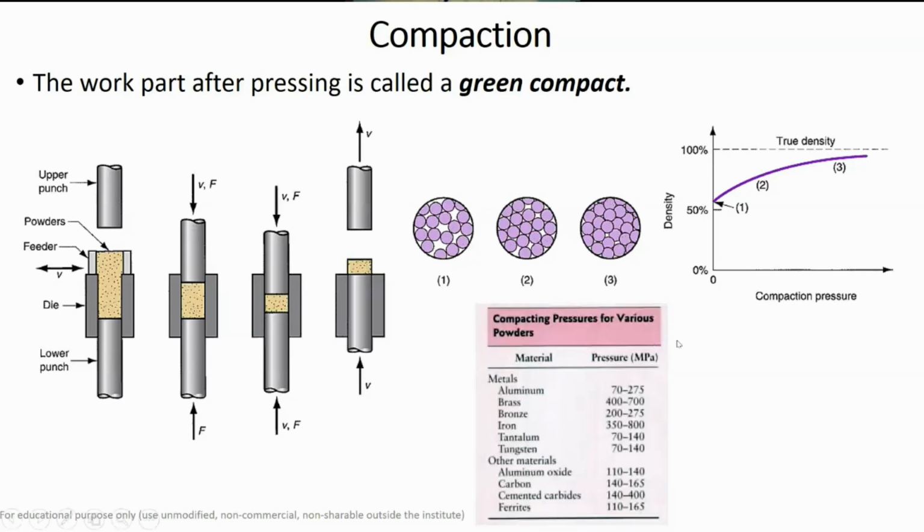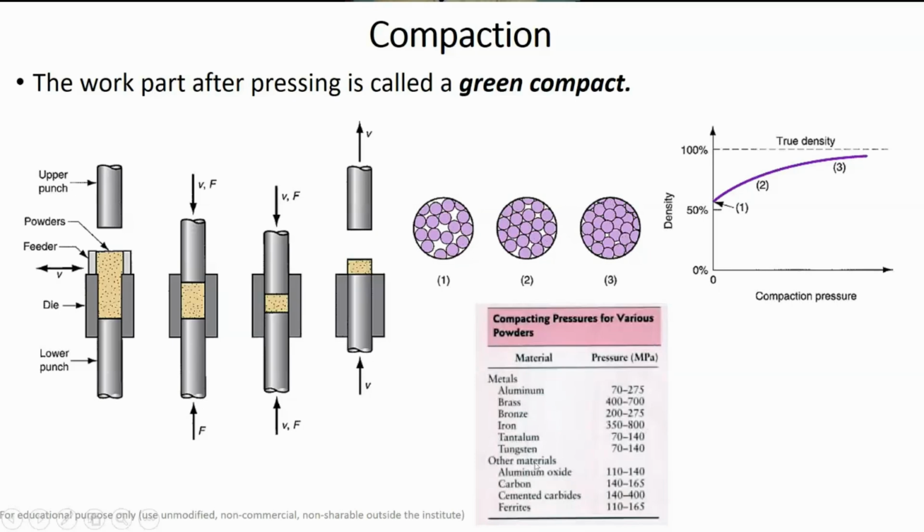Different powder materials have different ranges of compaction pressure, as given in this table. For aluminium powder and aluminium alloys, the compaction pressure range is 70 to 275 megapascal, for brass it ranges from 400 to 700 megapascal, and for iron it is 350 to 800 megapascal.